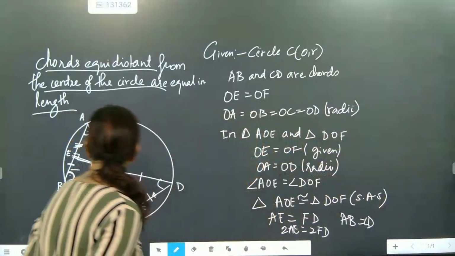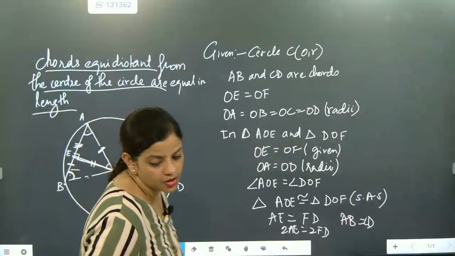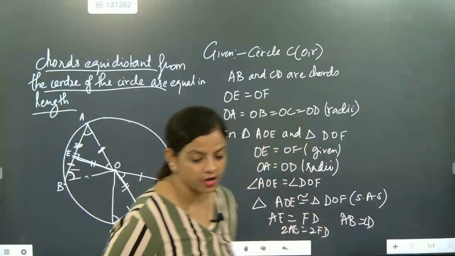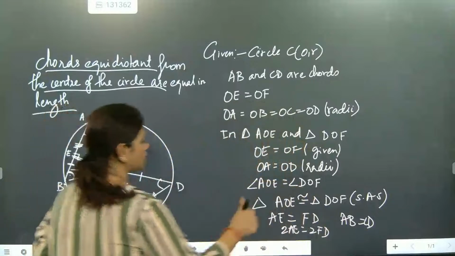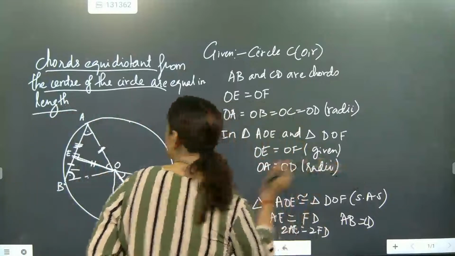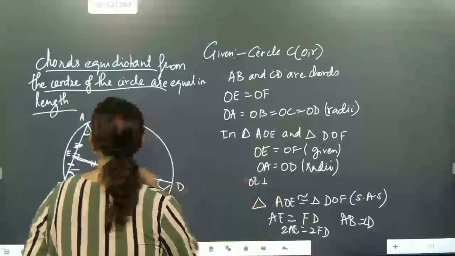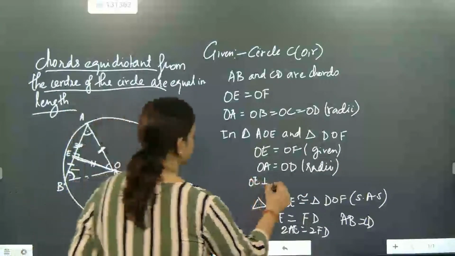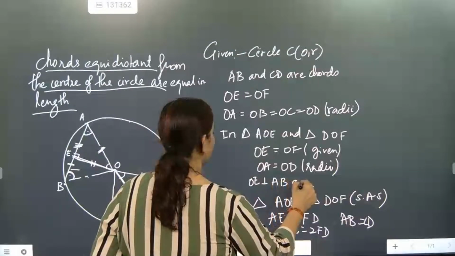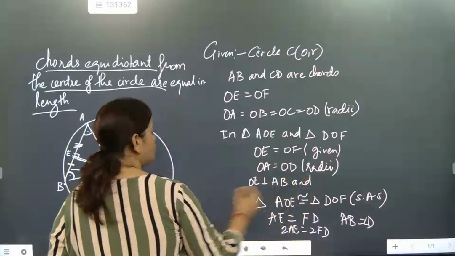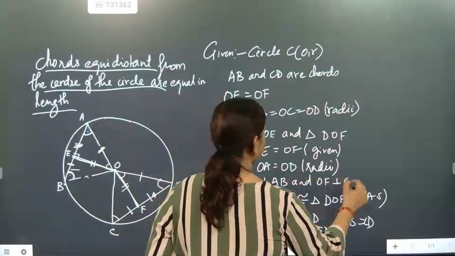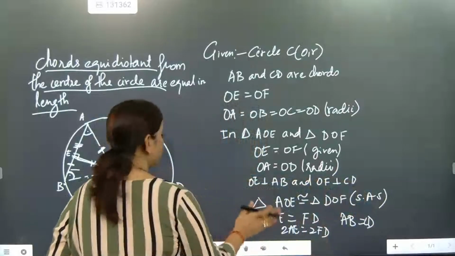If you take that line drawn from the center of the circle to the chord is perpendicular to the chord, so if you write here, in the given section, OE perpendicular to AB, and this is another way to prove, and OF perpendicular to CD, then the proof will change.